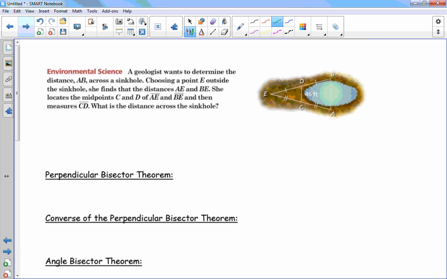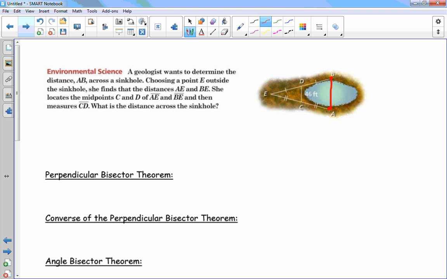Last problem, mid-segment theorem. A geologist wants to determine the distance AB across a sinkhole. Do you see AB on the picture? Make sure when it gives you information, there's a picture, you start, then you can know where that is on the picture.